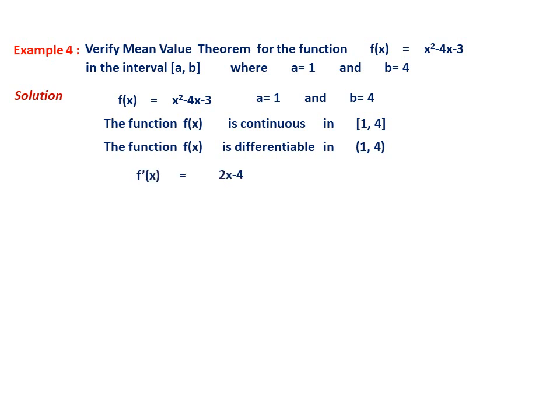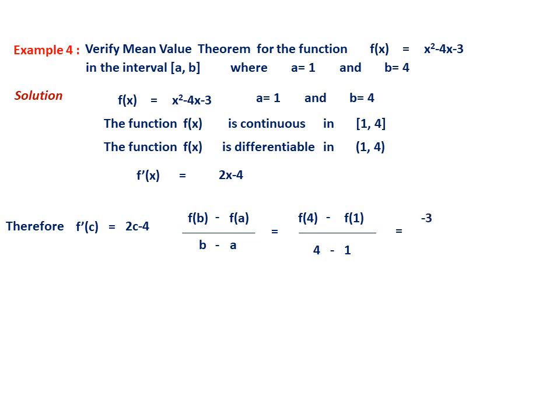Then f dash x we have to calculate, which is 2x minus 4. Differentiation of x square minus 4x is 2x minus 4. Now what you have to do is f dash c equal to 2c minus 4, and f of b minus f of a divided by b minus a we have to calculate. So calculate it, f of 4 minus f of 1 divided by 4 minus 1. So what is f of 4?